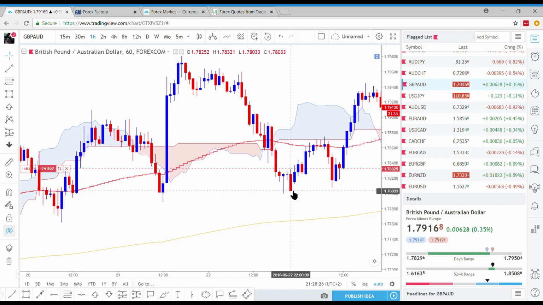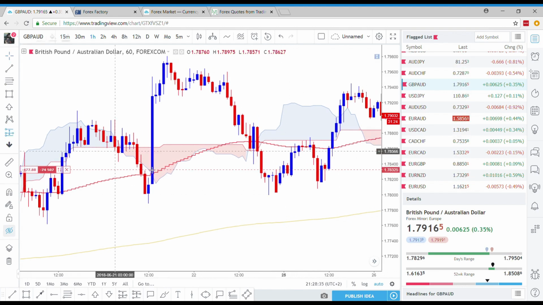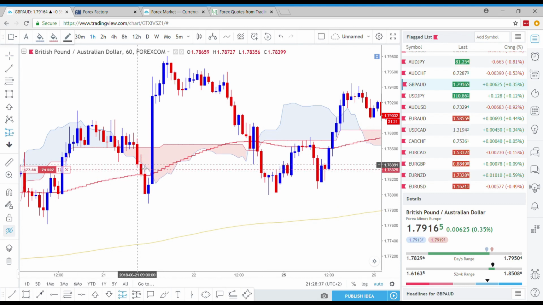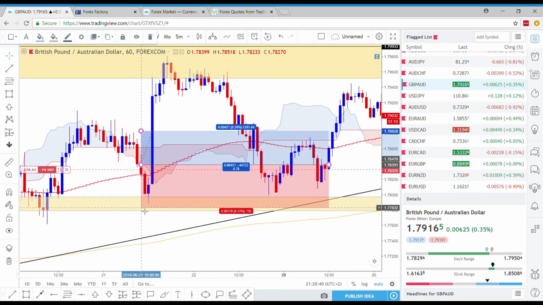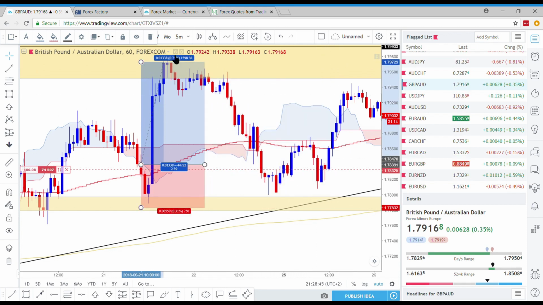I'm actually getting my entry 20 pips above. So that's not great. But the worst part is, let's say you buy this here. You buy it, that's your target. So your target is there, stop loss here. If you're buying it here, price goes down. It doesn't reach your stop loss, so you shouldn't lose.